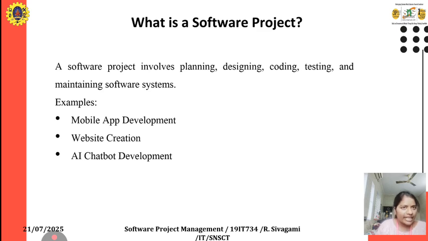A software project involves planning, designing, coding, testing and maintaining software systems. First we plan what we're going to do for this project: the timeline, what resources we need, how much manpower we need, the goal and the objectives.